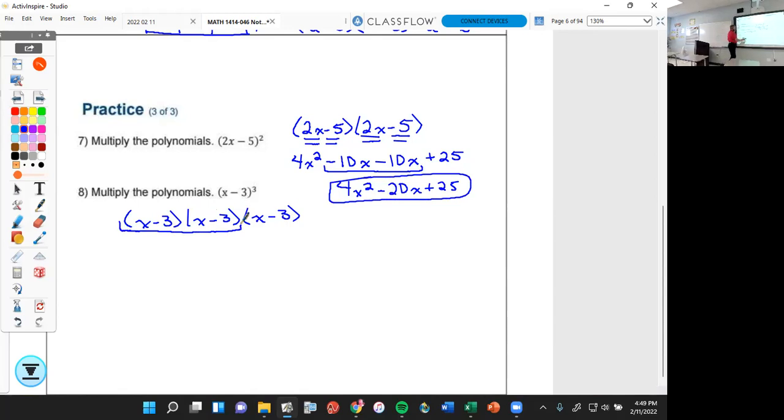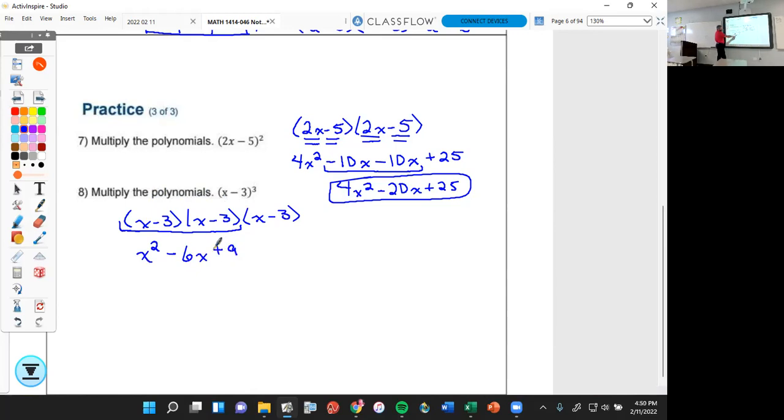By FOILing that, first times first, x times x is x squared. Outside times outside is negative 3x. Inside times inside is also negative 3x. Negative 3x, negative 3x, that's negative 6x. Last times last is plus 9.